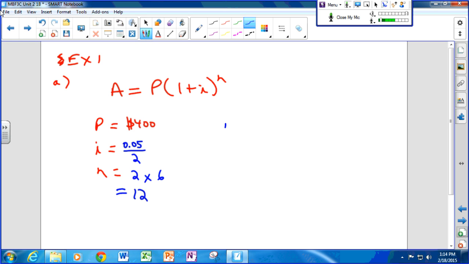Okay, so A equals P, which is 400, times 1 plus I. Now, I recommend that you write your I as a fraction, just like that, to the power N, which is going to be 12. If you write it like that, then no matter what happens after this step, if you've got your I and your N correct, then you're going to get some marks.